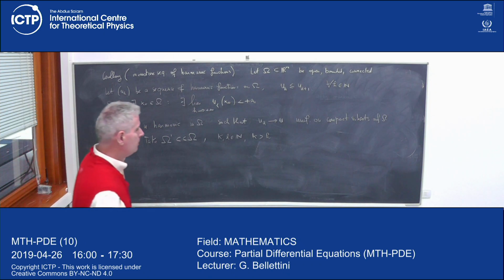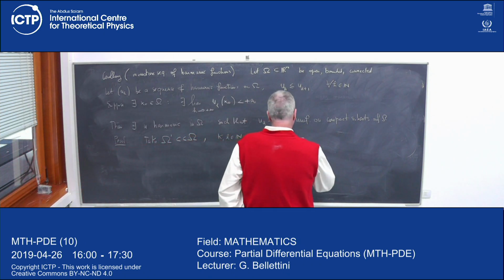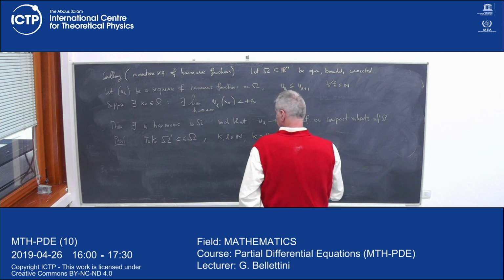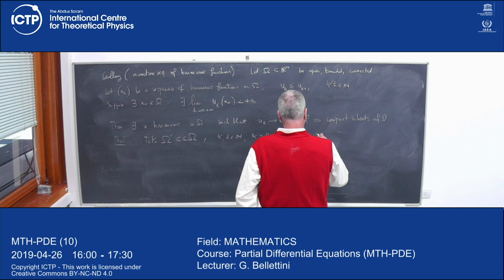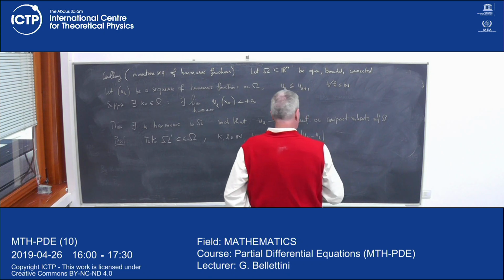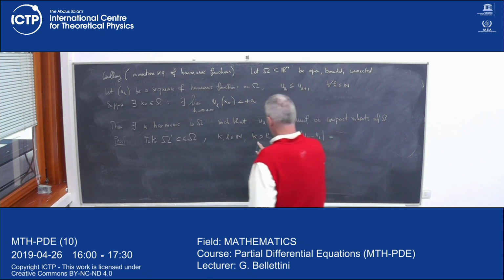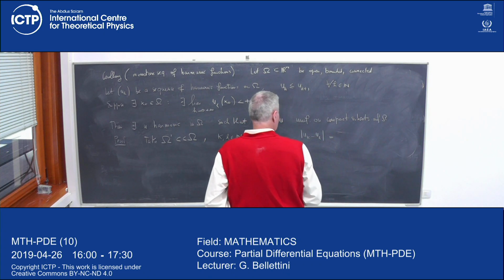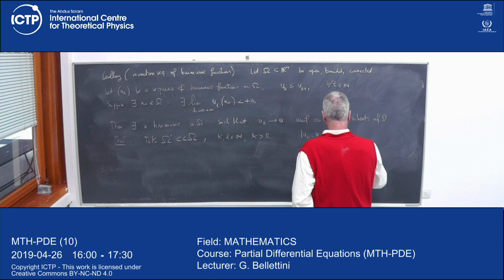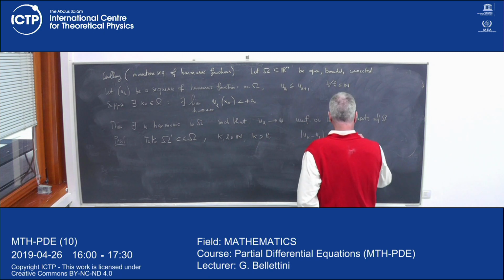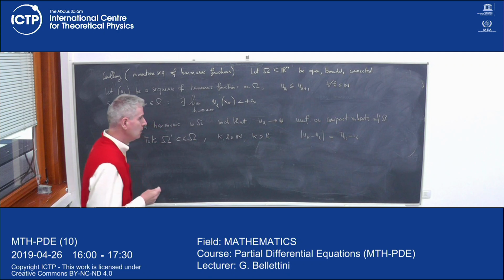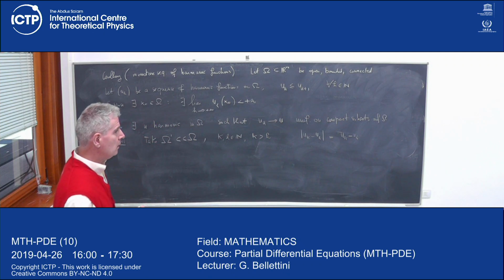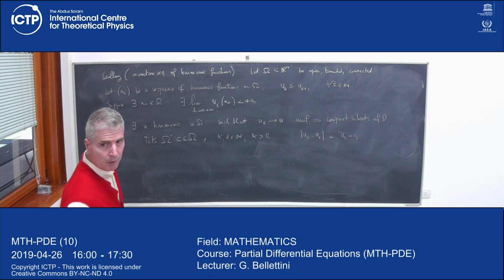And consider u_k minus u_h, which, since k is larger than h, this is also u_k minus u_h, because this sequence is increasing. And then consider the supremum of this difference in omega prime.